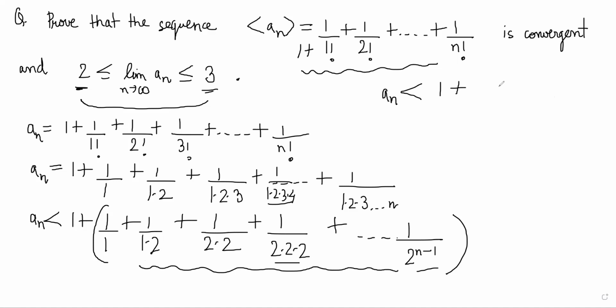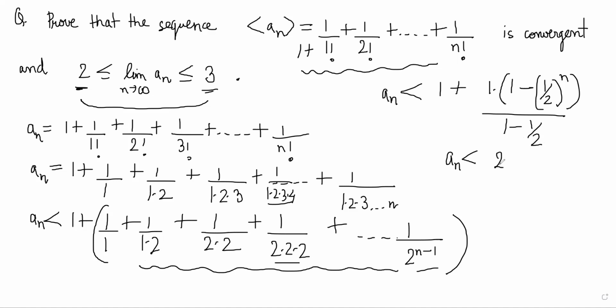That is 1 into 1 minus r to the power n. So what is that? r is half. Upon 1 minus r. An is less than 2, 1 minus half power n plus 1.